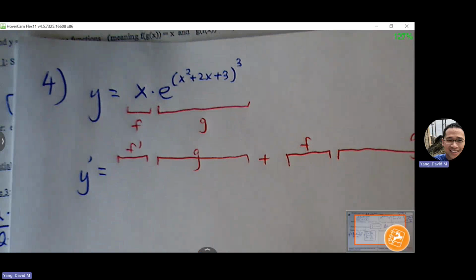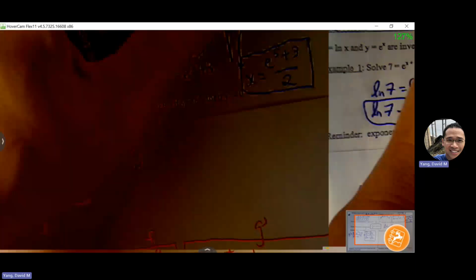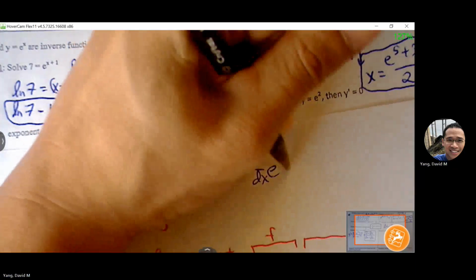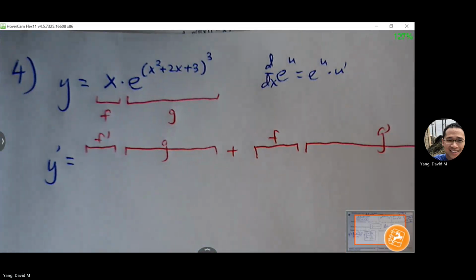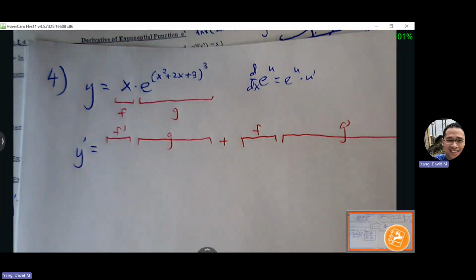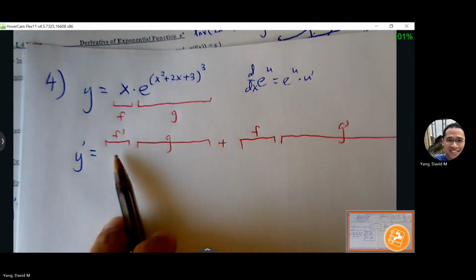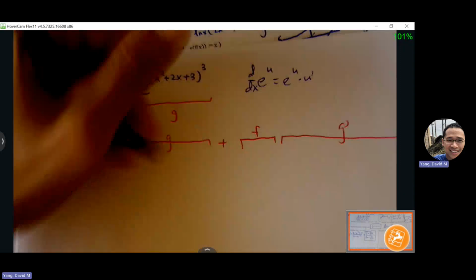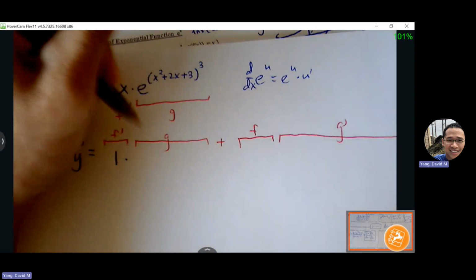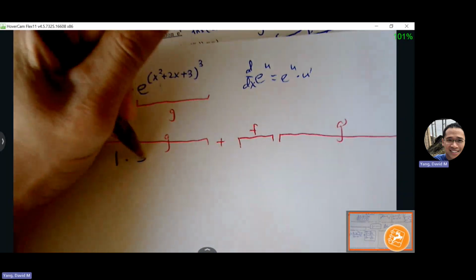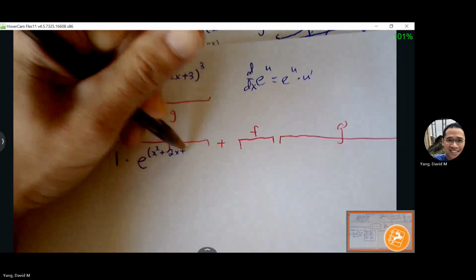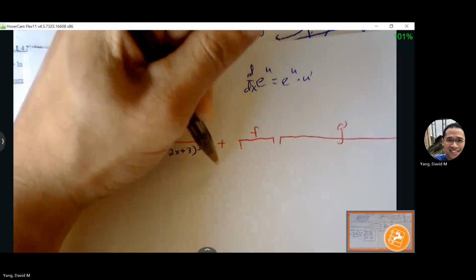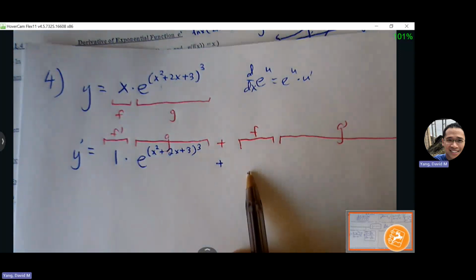Okay, so let me write the new rule that we just learned here. Okay, so f prime, what's f prime? I'm just going to copy my g function down. Back to f.